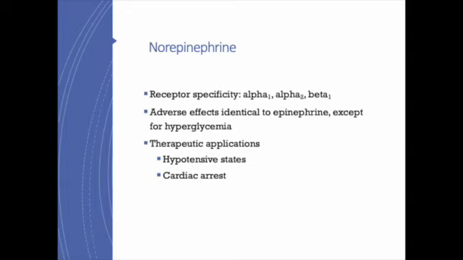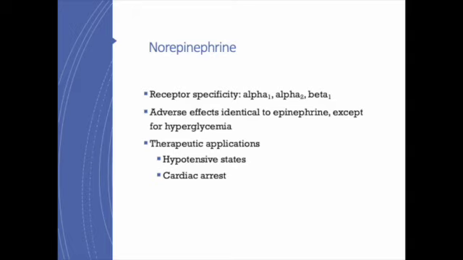Remember, epinephrine was non-selective. It went over alpha 1, alpha 2, beta 1, and beta 2. But with norepinephrine, we don't activate beta 2 receptors. So norepinephrine can elicit all of the responses that epinephrine can, except for the beta 2 mediated responses.